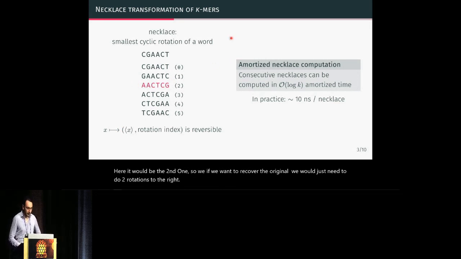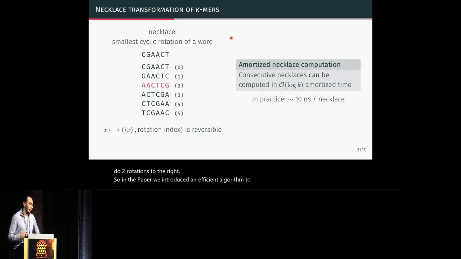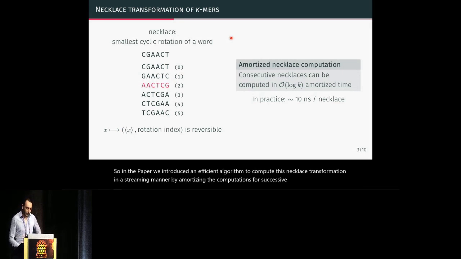In the paper, we introduced an efficient algorithm to compute this necklace transformation in a streaming manner by amortizing the computations for successive k-mers. And it turns out that we can achieve this computation in big O of log k, which is quite fast in theory, but it's also quite fast in practice, because on my laptop, I can compute a necklace in almost 10 nanoseconds.